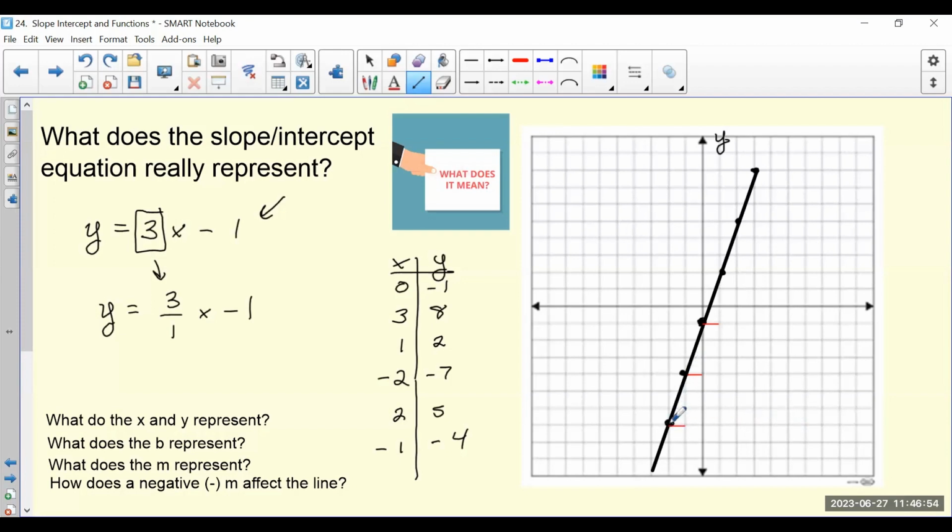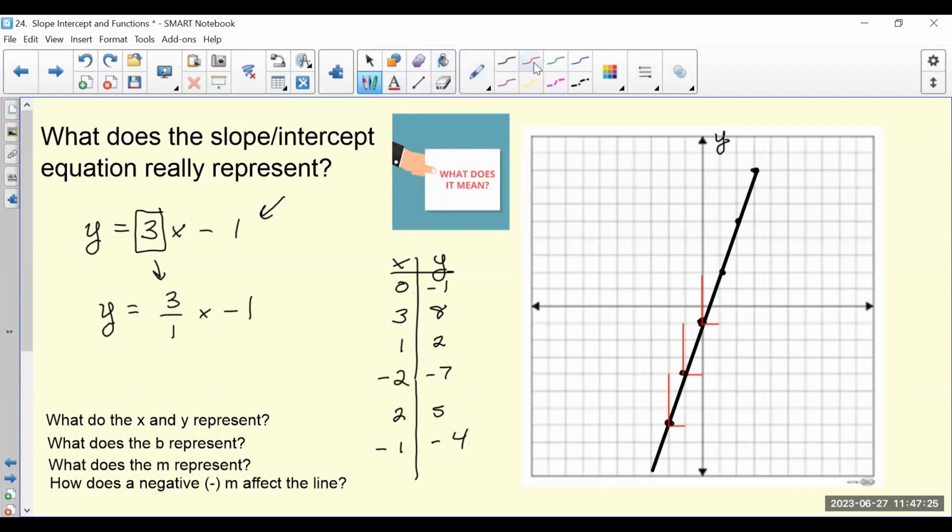So this point to that point, we're going from -7 to -4, and then to -1, and then to 2, and then 2 plus 3 is 5, 5 plus 3 is 8. So we are going up 3 and over 1, up 3 and over 1.